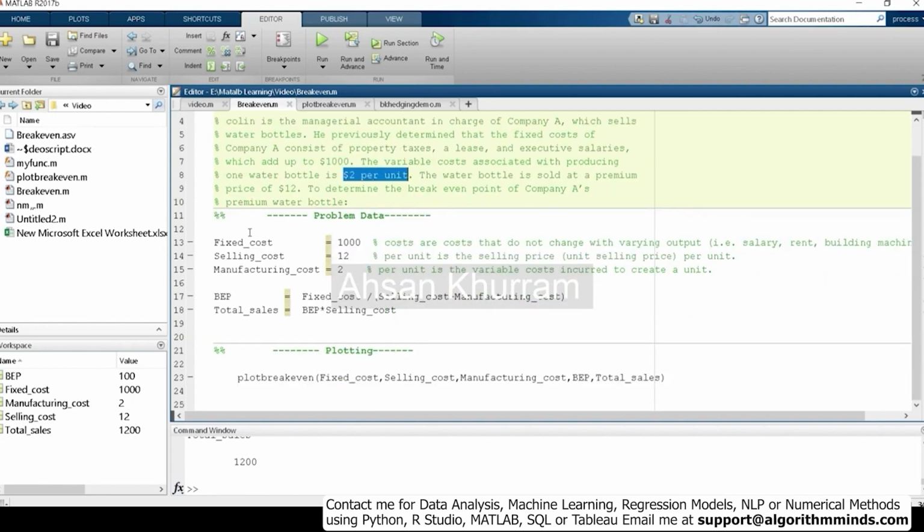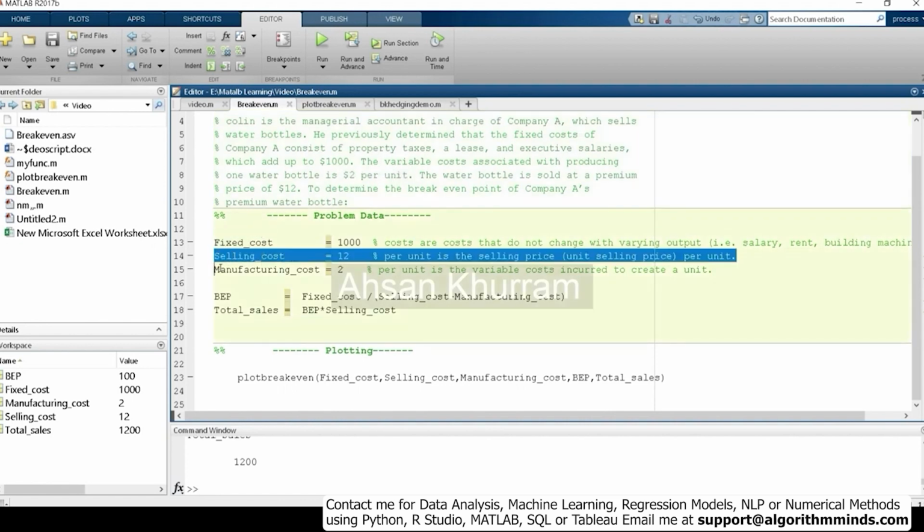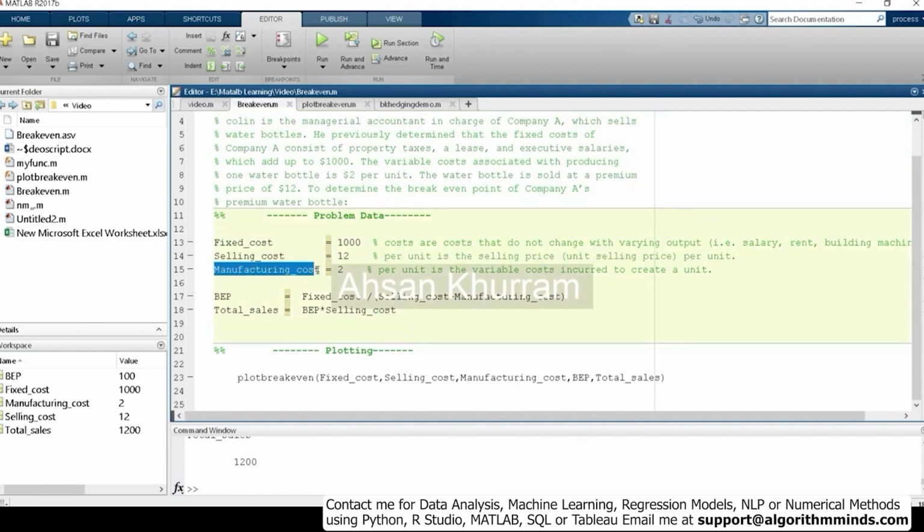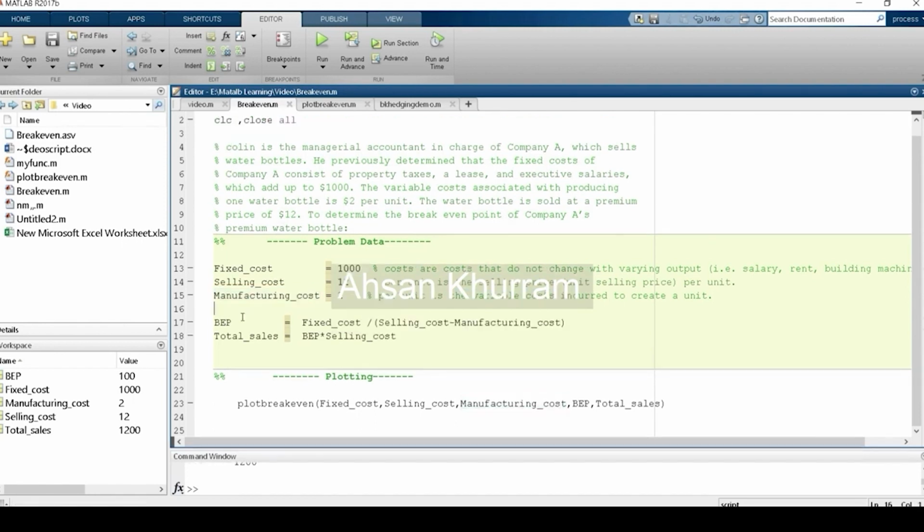Coming back to our coding, we have declared three variables: fixed cost, selling cost and manufacturing cost, and we have assigned the values $1,000, $12 and $2.